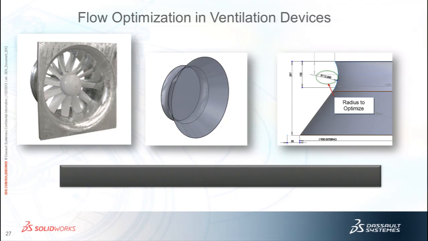They want to find this radius in order to optimize the flow rate. Behind the scenes, what we were using is the Coanda effect. Yeah, the Coanda effect is what we were optimizing.